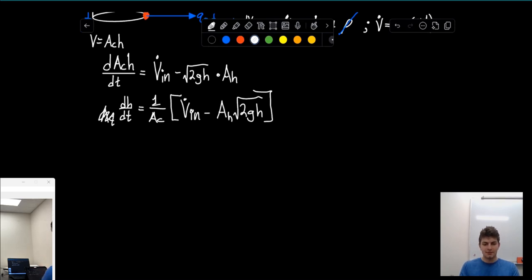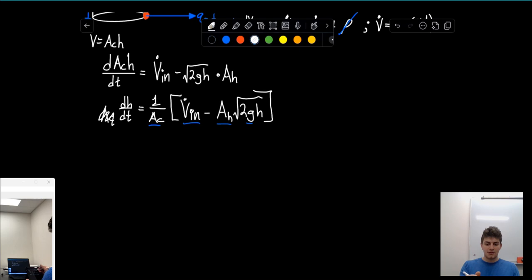Knowing that we have the values that we were given in the prompt, which include the area of the cross section, two values for the volumetric flow rate in an initial steady state condition as well as a new non-steady state condition, the area of the hole, and obviously g we have. So here, we're going to want to find an initial condition for h, right? What will the height be at the beginning of the simulation?